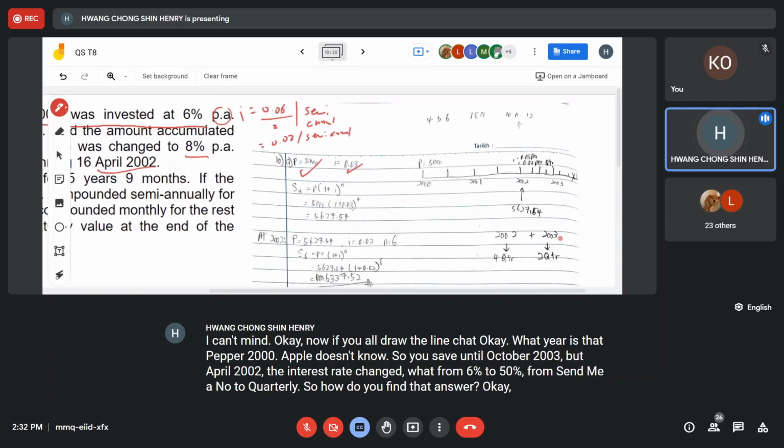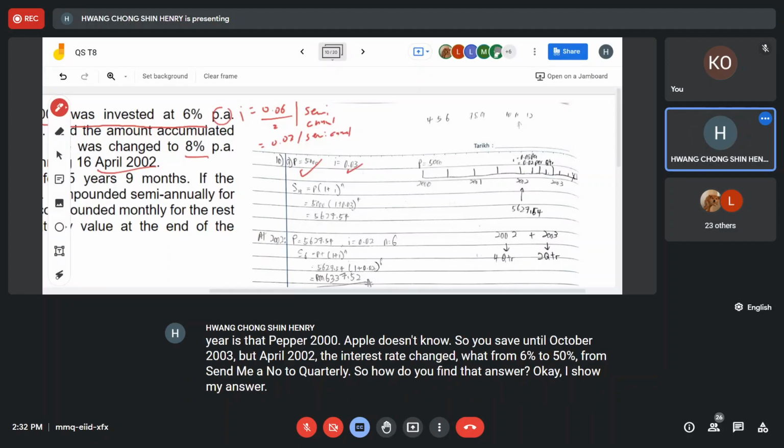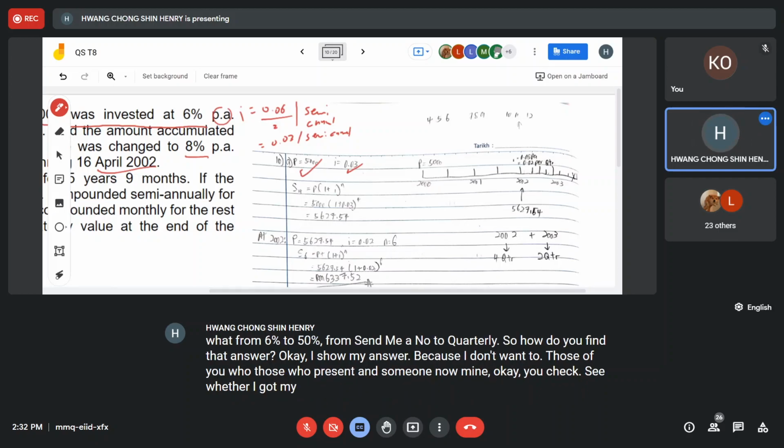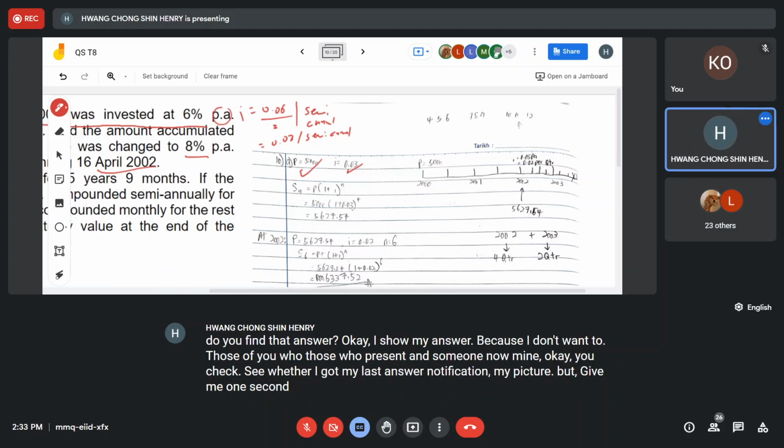Okay, I will share my answer. Those who presented the answer, never mind. You check whether I got my last answer or not. If I can share my picture, it is better and clearer. Give me 1 second. I share my answer here.